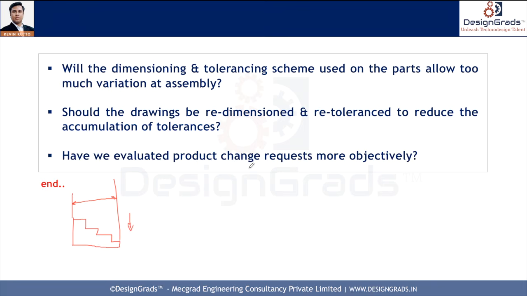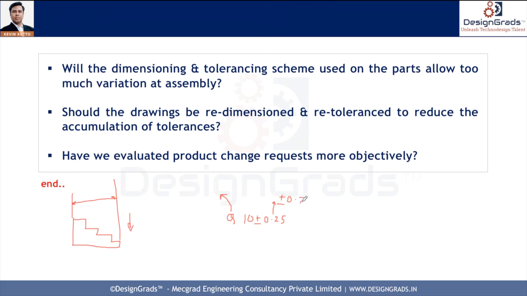Have we evaluated product change requests more objectively? What does it mean? Suppose you get a change request. You release a design, drawing and CAD model, but now a quality engineer comes to you and asks for a change in the tolerance value. The initial tolerance value was 10 plus minus 0.25, and he is asking you to change this tolerance value to plus minus 0.7.